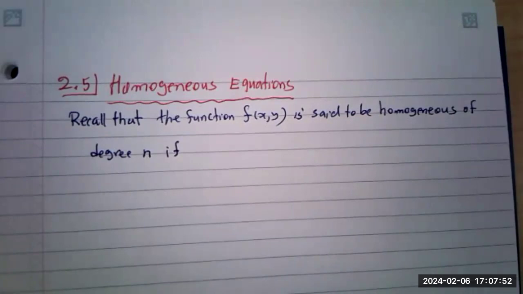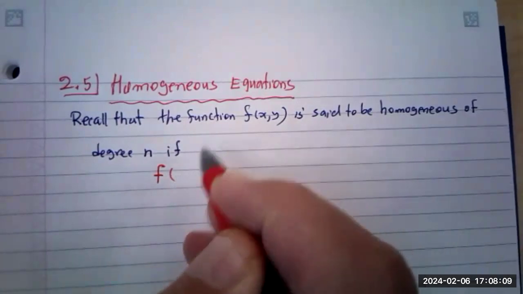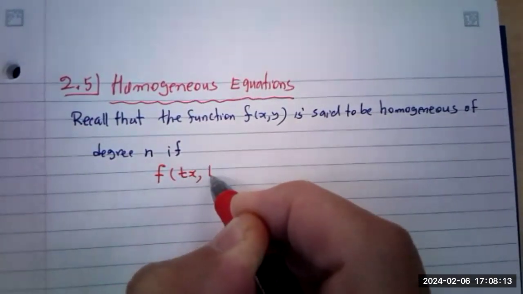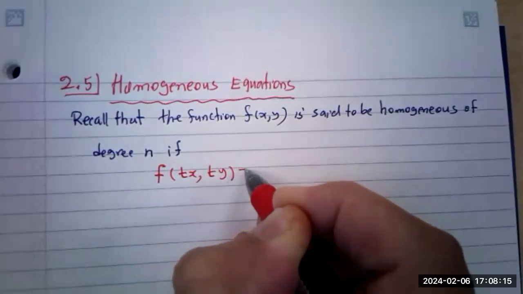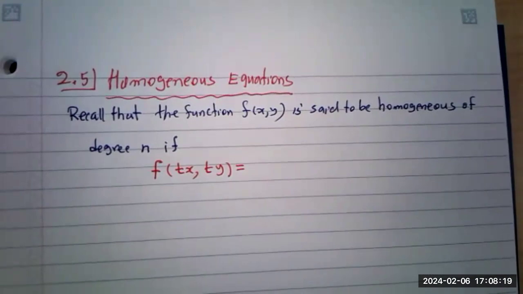If you can pull the t out of the function as a factor, in that case it's going to be homogeneous. If you say it's homogeneous of degree n, this means that the factor t to the n would be out. So it's going to be homogeneous if we change x into t times x, and y into t times y, and you'll be able to factor out the n power of t.